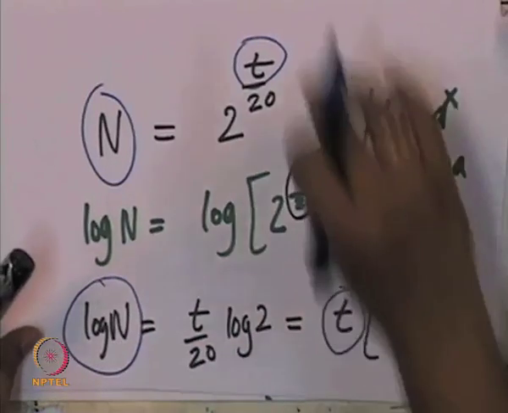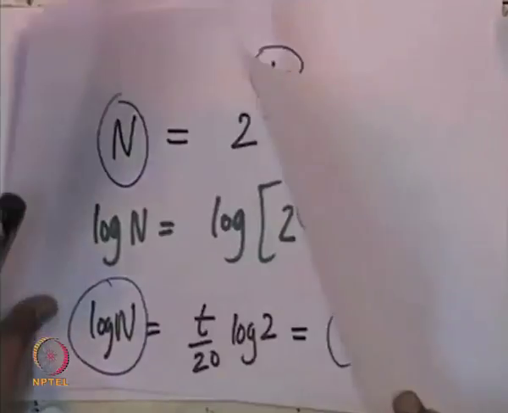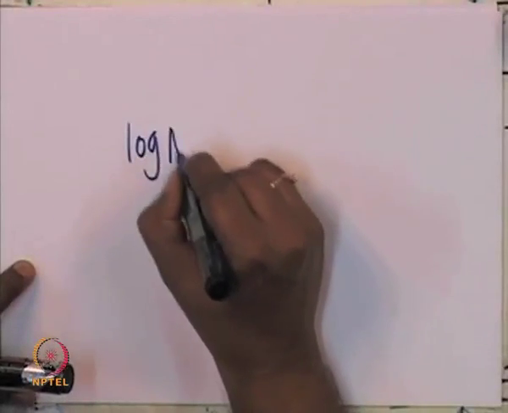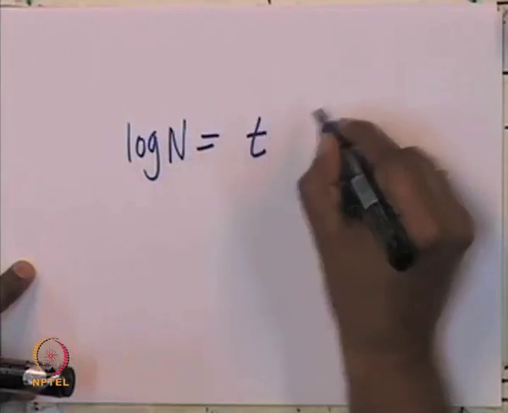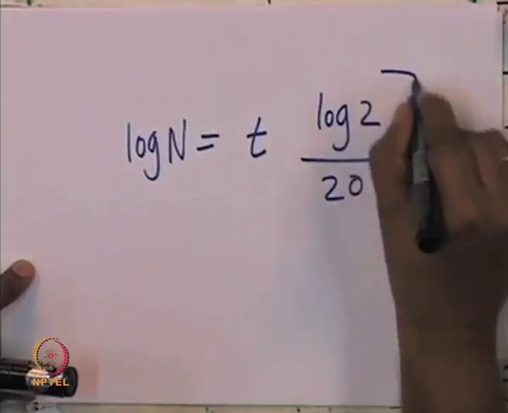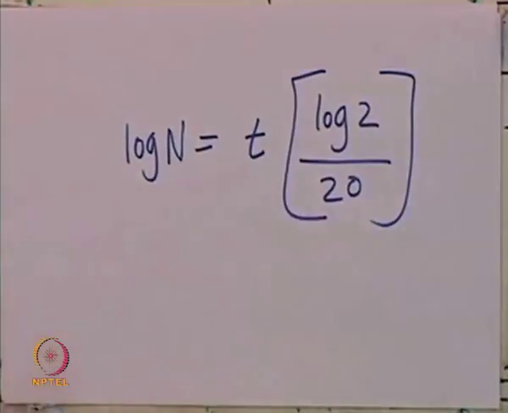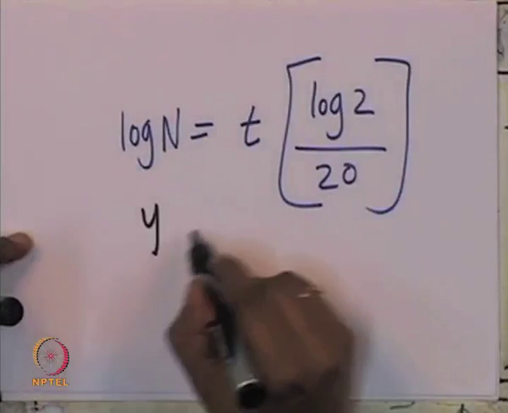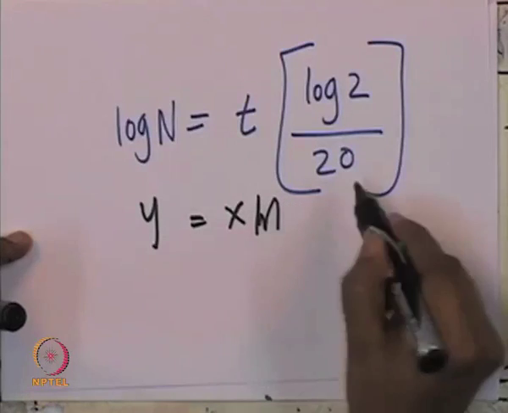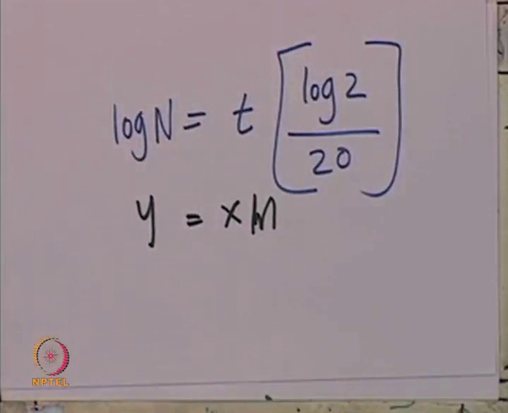So, the expression we have is basically log n is t times log 2 divided by 20. This is the expression we finally got, and if we plot this as y, this as x times some constant m, this is some constant. So, what is this? This is a straight line. What you would get is a straight line.